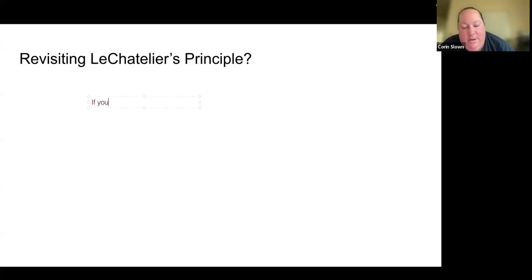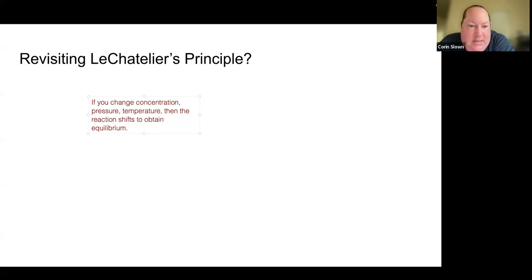So if you change concentration or the pressure or the temperature, then the reaction shifts to obtain equilibrium. That's a great working definition.